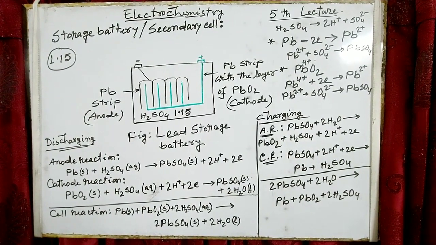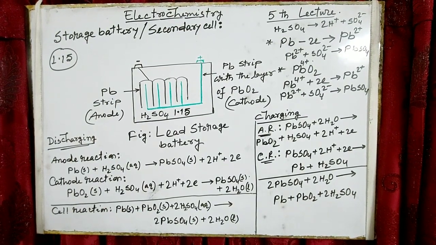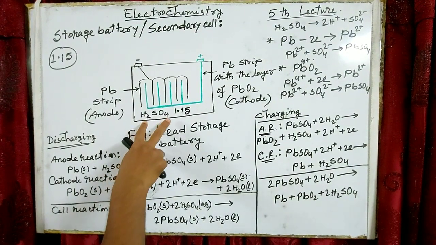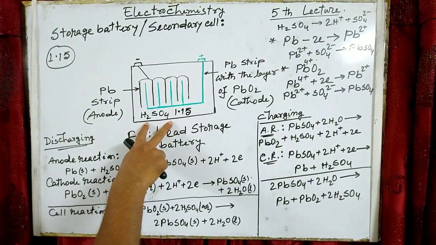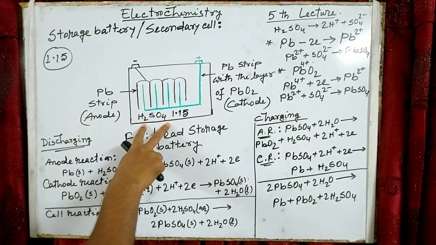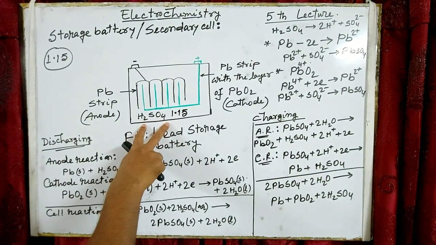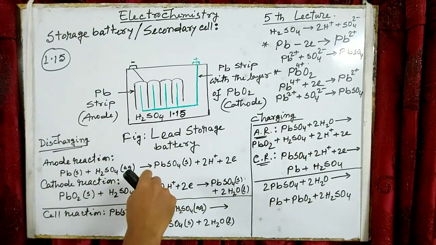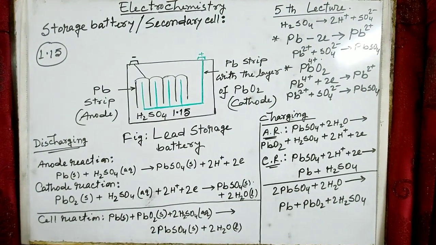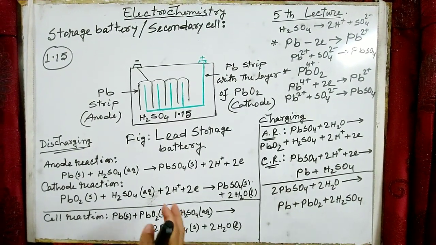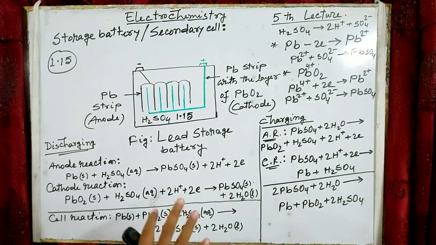So the density of sulfuric acid divided by the density of the same volume of water at 4 degrees centigrade is actually 1.15.